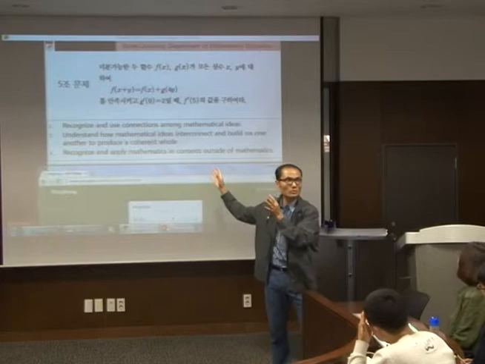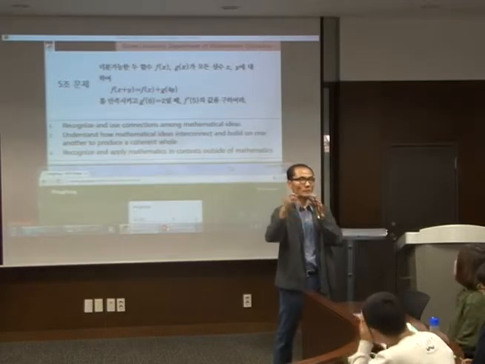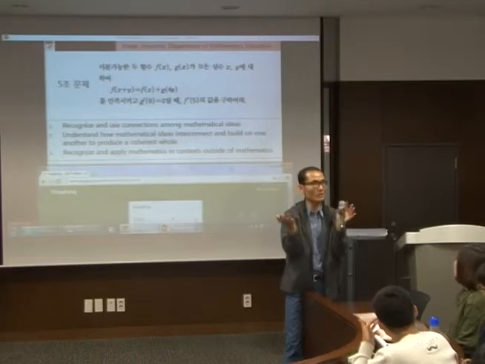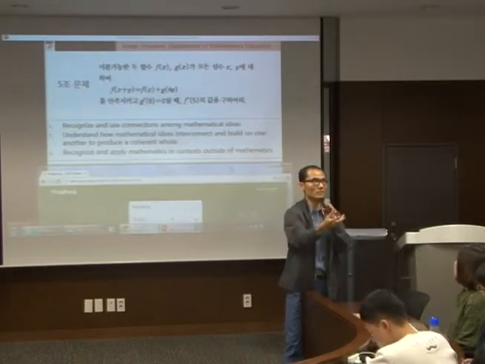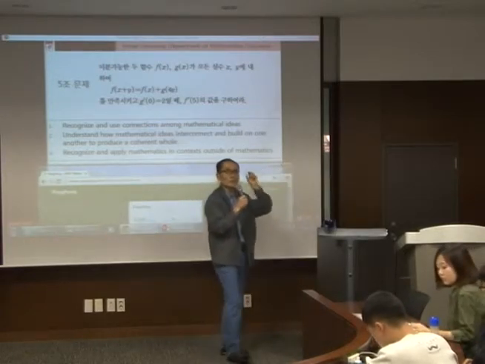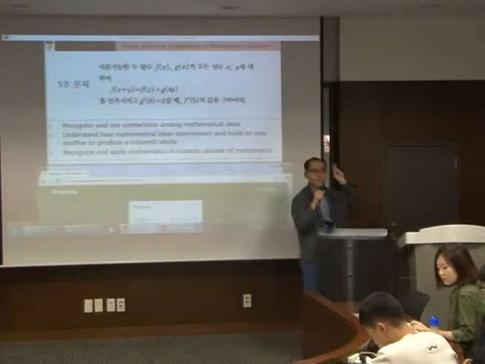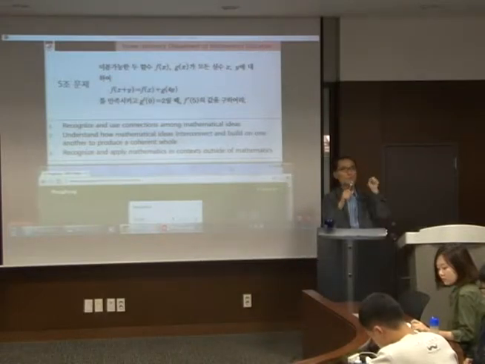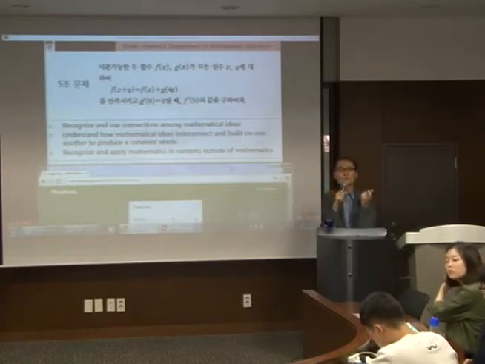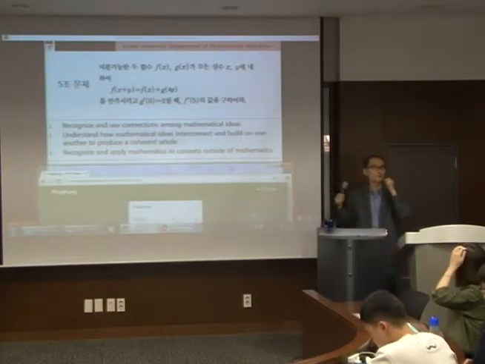But by providing those kinds of examples, I can explain to students their equivalent idea. Basically, this is the case of area, this is the case of volume. That's the only difference. That's why the idea which I introduced in class produces a coherent whole. That's why I emphasize it. What about the coherent whole in this case?